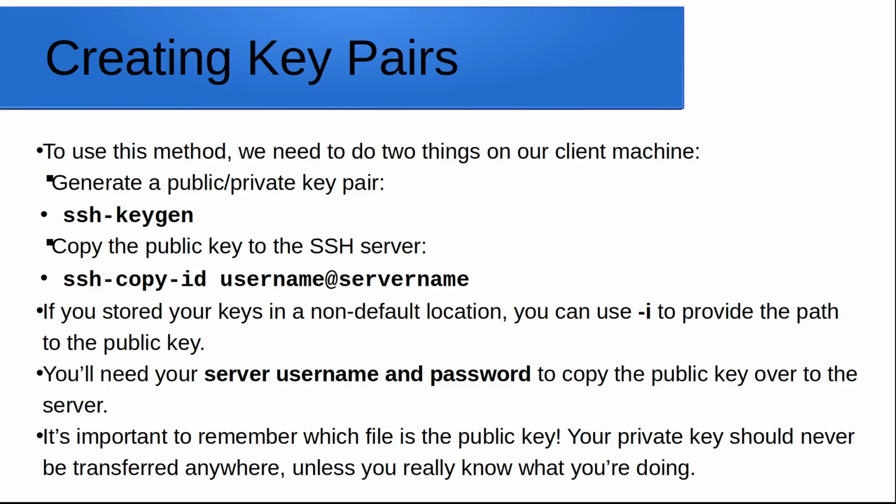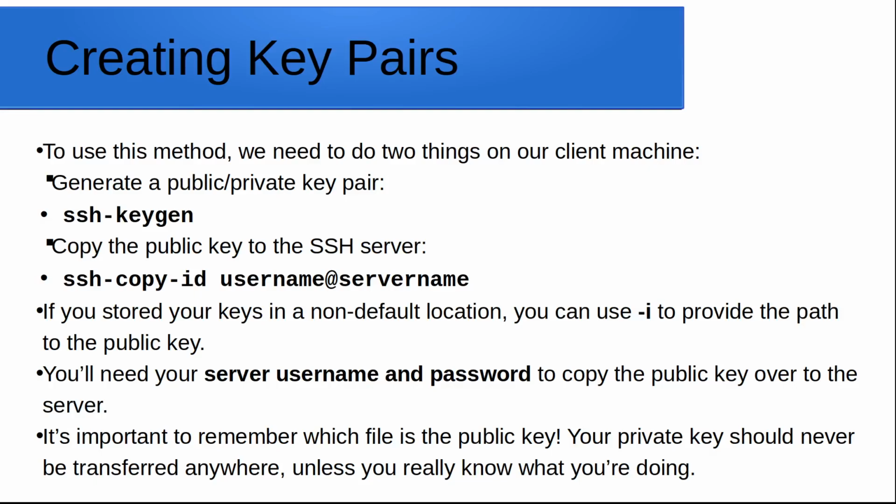So to use a key pair, you need to generate them first. So you use ssh-keygen to do that. And then you could just copy them using SCP. But why bother? SSH has a command built in, ssh-copy-id, followed by the username at the server name or IP address that you want it copied to, and it'll do it. If you're storing your keys in a non-default location, you can use the -i option to provide the path to the key.